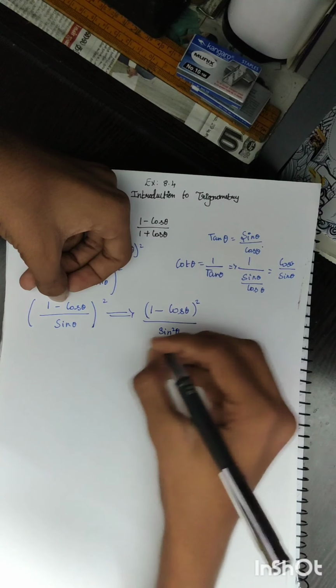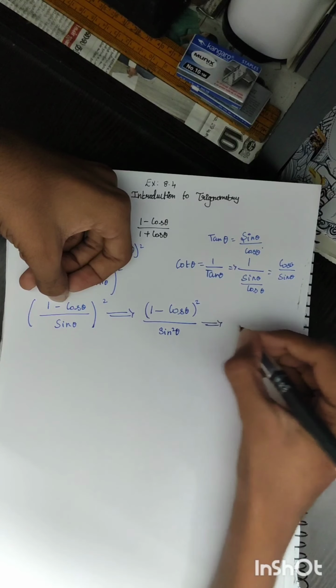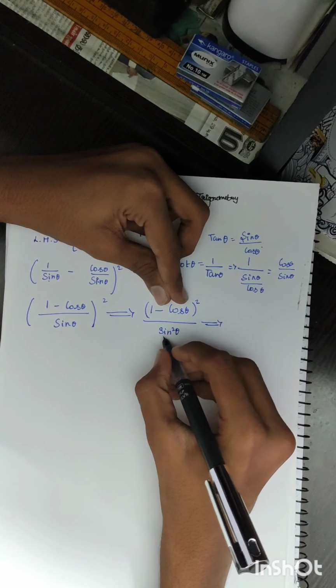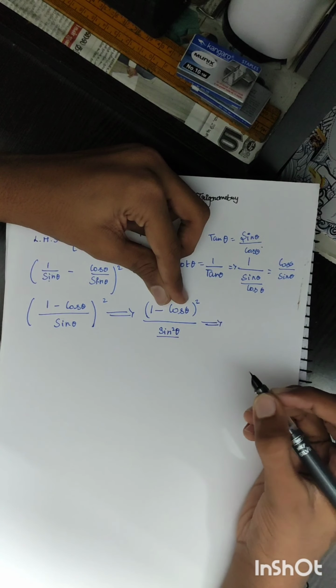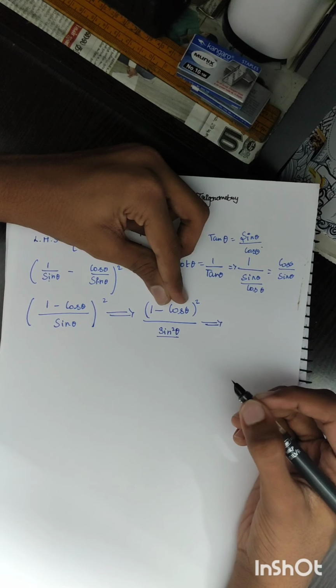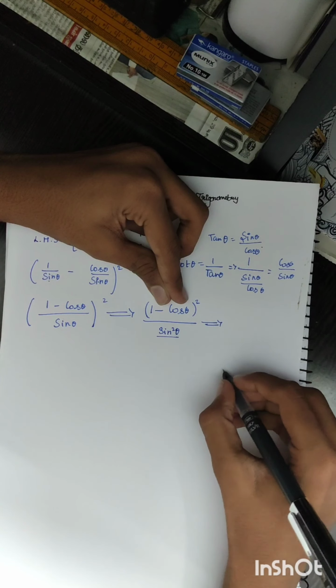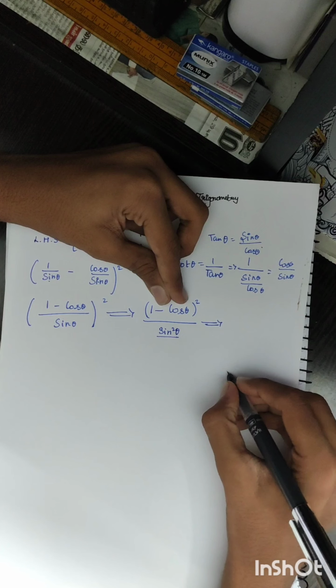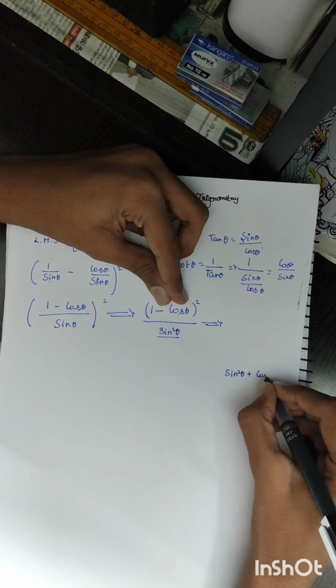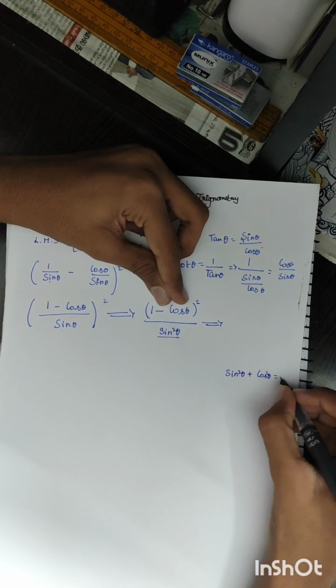Yes, right. Now this can be further written as, the sin square theta value we all know, which is equal to 1 minus cos square theta. You may ask me how. It's very simple: sin square theta plus cos square theta is equal to 1.